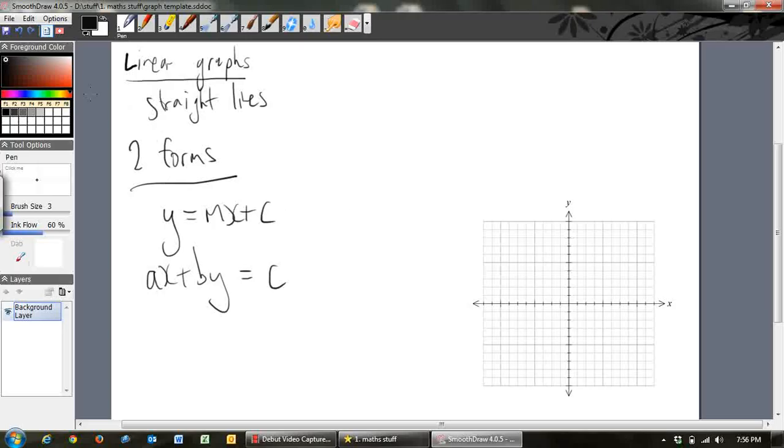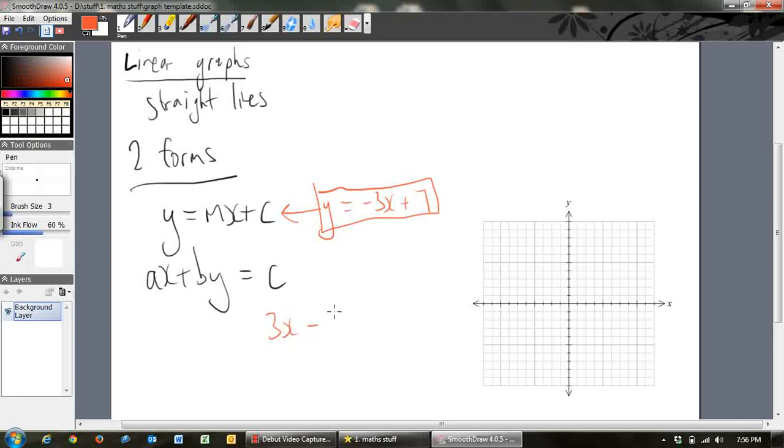Just an example of that. If y = -3x + 7, you know that will be a straight line because it's of this form here. There's some number m in front of x, in this case -3, and there's some number c, which is 7.